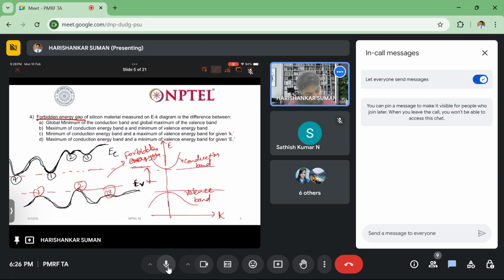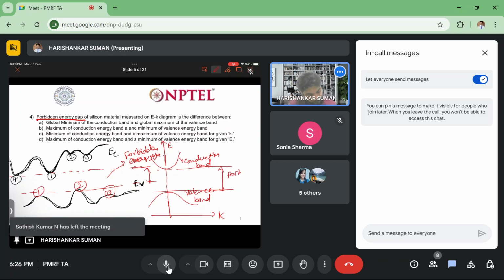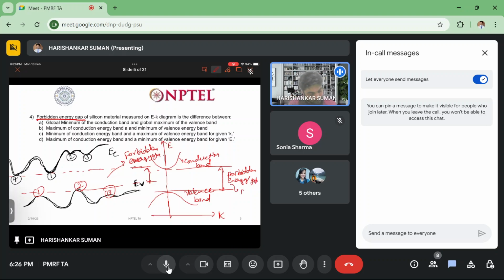This is known as the forbidden energy gap, also known as the material band gap. Easy. So the forbidden energy gap of silicon material in the E-k diagram is the difference between, we have to choose, not just any minima, the global minima in the conduction band.